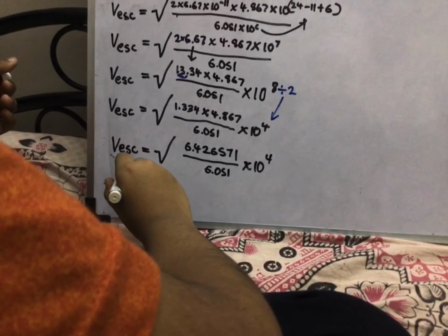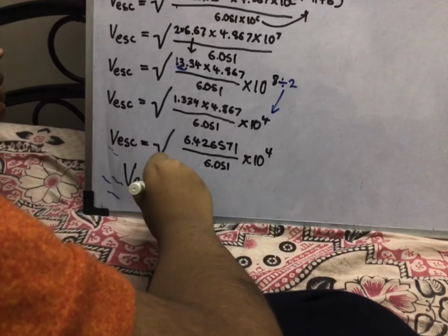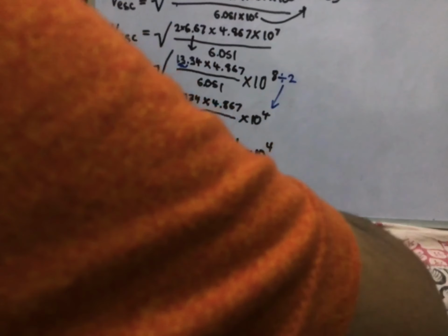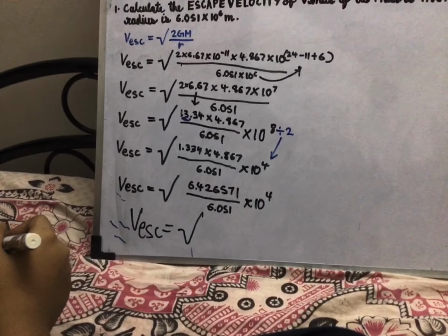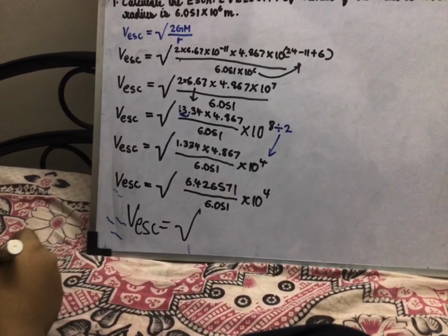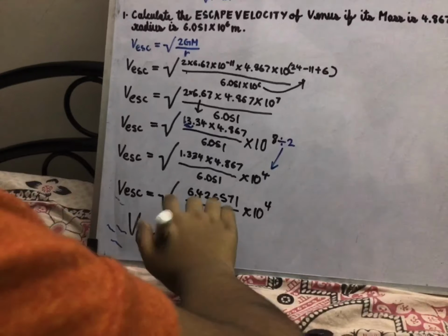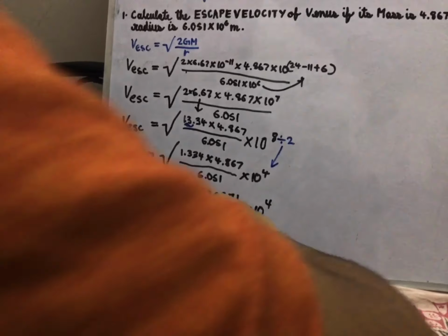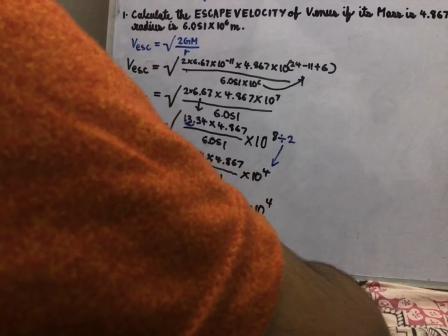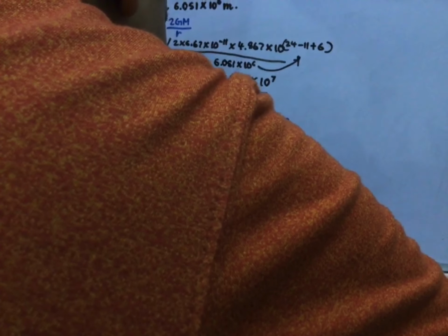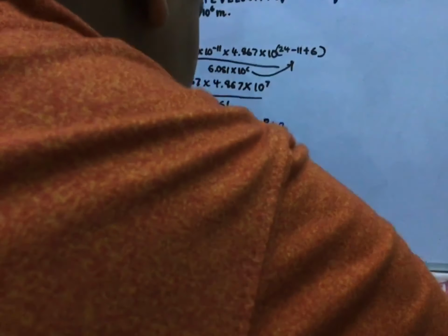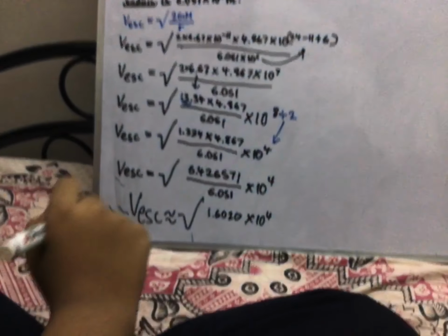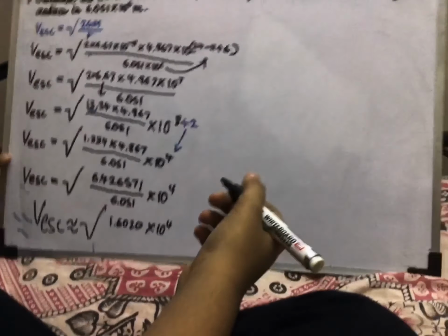So the escape velocity is then equal to the square root of 6.426571 divided by 6.051, which is approximately 1.6020 into 10 to the power 4. So that is the square root of.